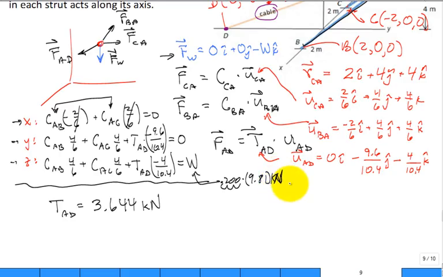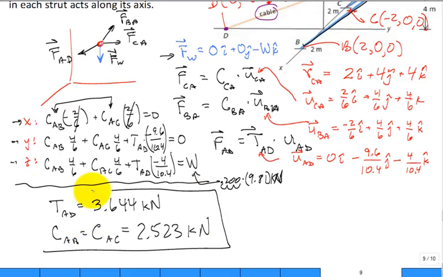So anyway, tension A to D comes in at 3.644 kilonewtons, and then the compression in A to B, which is the same as the compression A to C, has the value 2.523 kilonewton. Little sloppy, but I'm just going to call it quits and finish the problem.